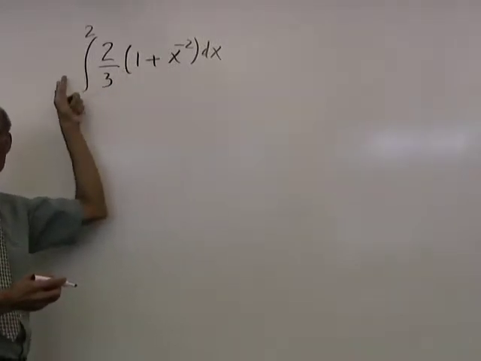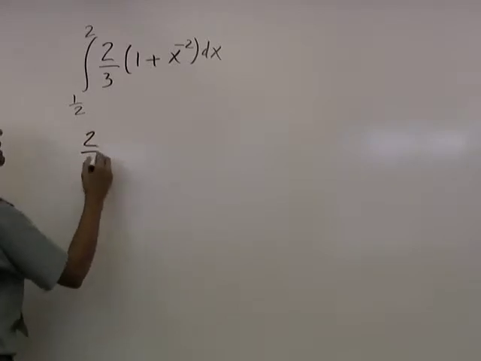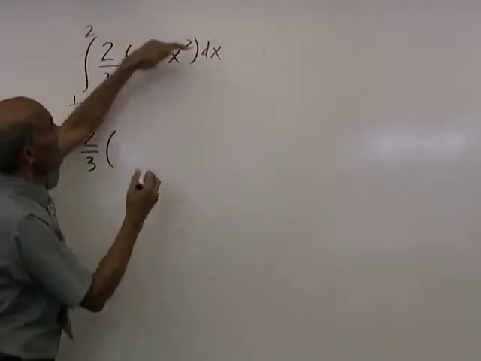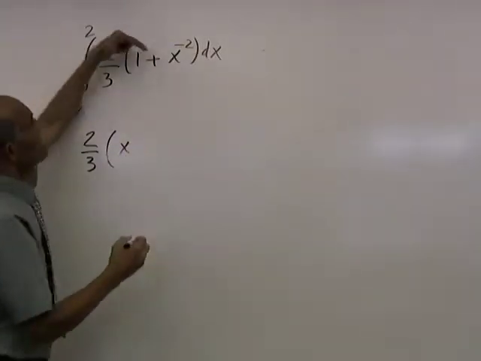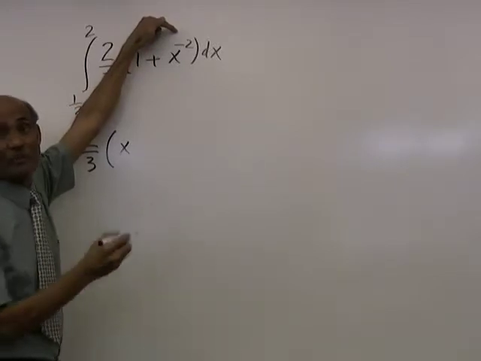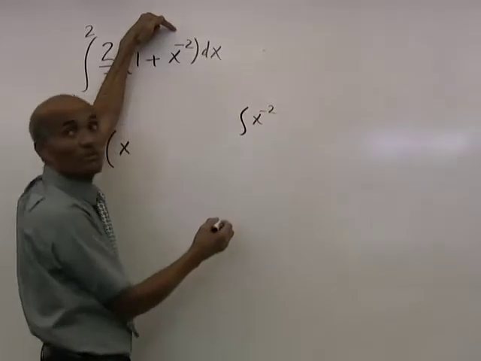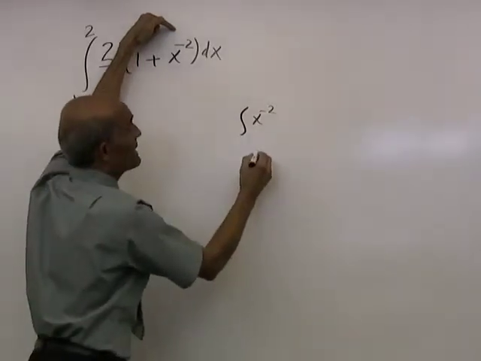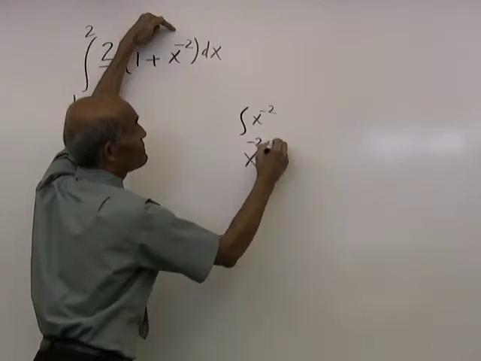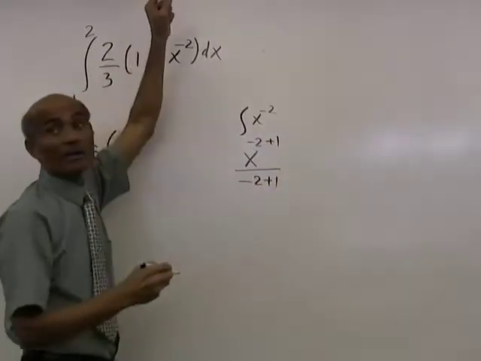2/3 is a constant. We can, first of all, take it out. So that will be 2/3 times integral of 1 dx is x. Tell me, what is the integral of x to the power of -2? Let's do it here. Integral x to the power of -2 is, use the power rule, x to the power of -2 plus 1 over -2 plus 1.